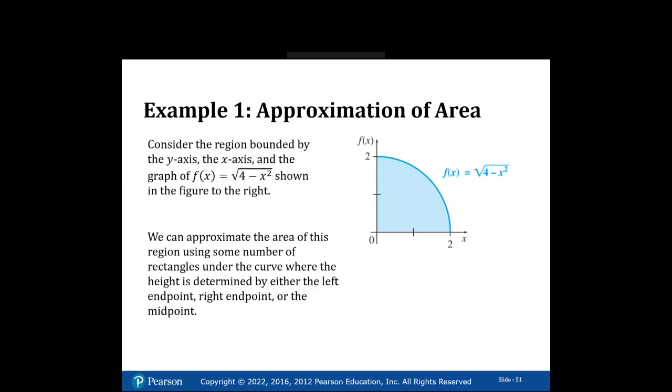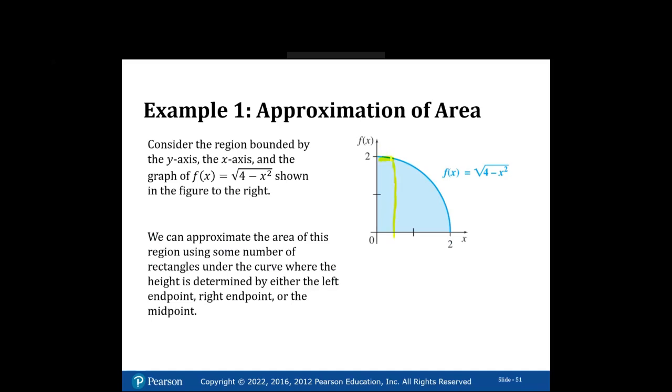So the first thing we talk about is approximating area. So if I have this blue region here, which is bounded by the axes and by this function, the square root of 4 minus x squared, and I want to find out what this area is, I can approximate it by drawing rectangles underneath it, right?